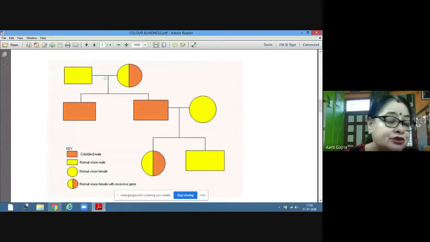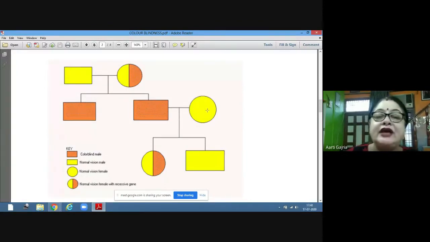Suppose that X chromosome comes into this son and this son also. Both would be affected because the father has to contribute only Y for the sons. The sons would be affected. And the daughter is not affected because the daughter gets one X from the father and one X from the mother. In this case, she is not even a carrier because she has got the dominant gene.